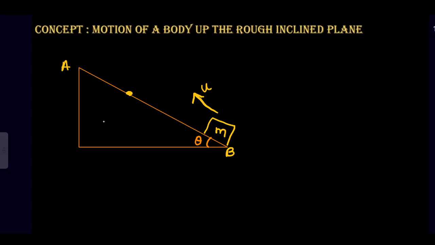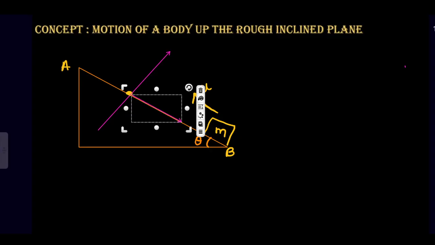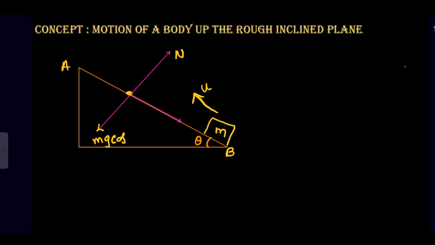This is the normal, and these are the components. So this is N, and this direction we have mg cos theta, and this direction we have mg sin theta.